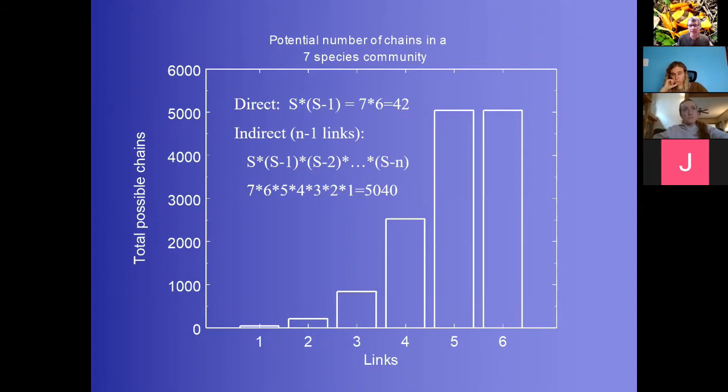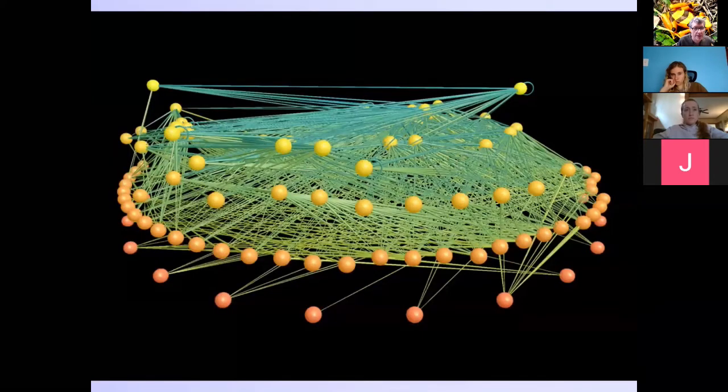Right, so this is not even close to what a community really is. I mean, it's just 7 species. And so the question is, how do you weight these indirect interactions, and how do you deal with that complexity? It's been one of the big issues in ecology, and it's difficult to make ecological predictions based on that. We talked about that already.